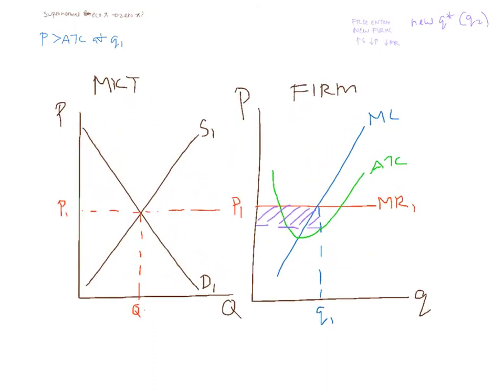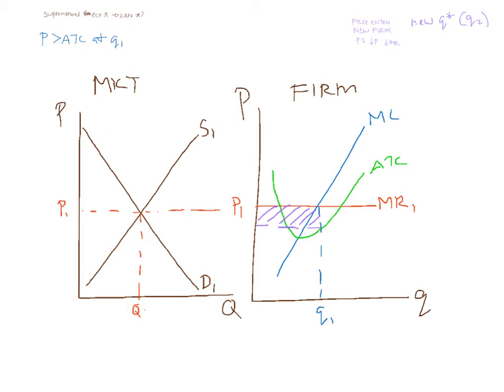Gotta be careful how we draw it, because I need to draw it so that it touches here. Not very easy to do without a ruler, so I might not get it exactly correct. I will try my best.